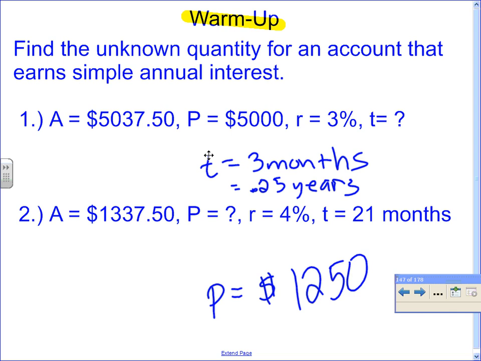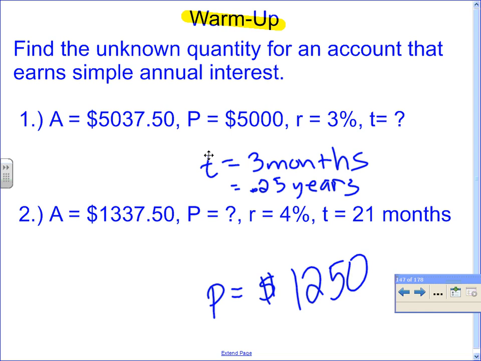Number 2? Okay, so real quick, when you set it up, you have balance is equal to principal in parentheses 1 plus 0.04 times 1.75 because it's 21 months. Okay, you forgot to convert. Anyone else on 1 or 2?